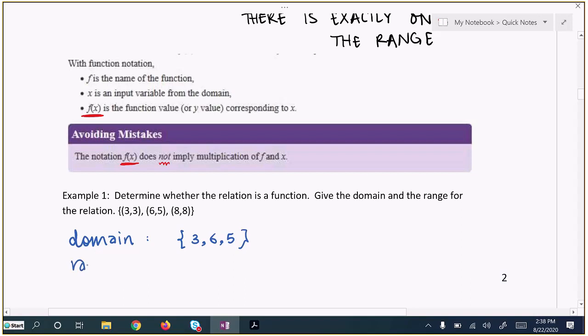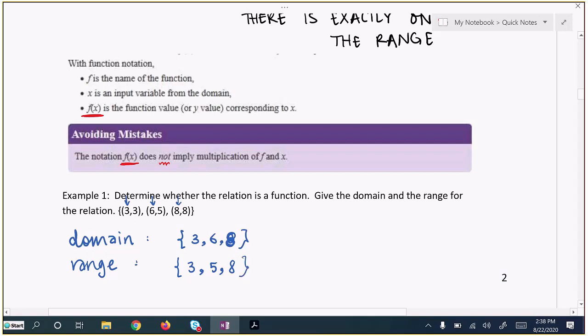The range is the set 3, 5, and 8. And I apologize, the domain should be 3, 6, and 8. Coming from 3, 6, and 8 being the x values, then 3, 5, and 8 being the y values.